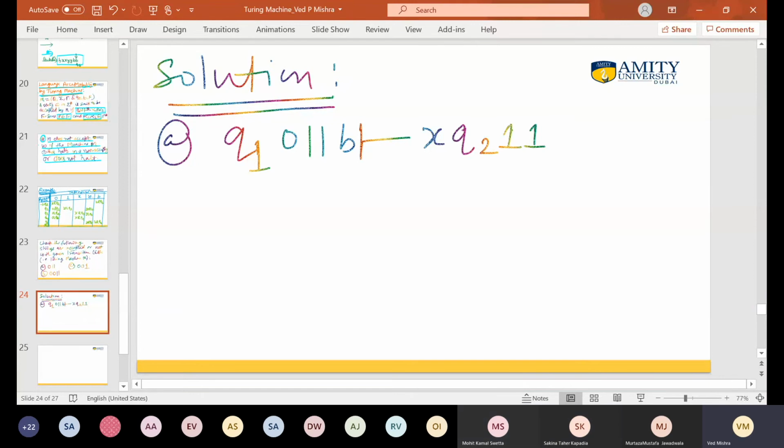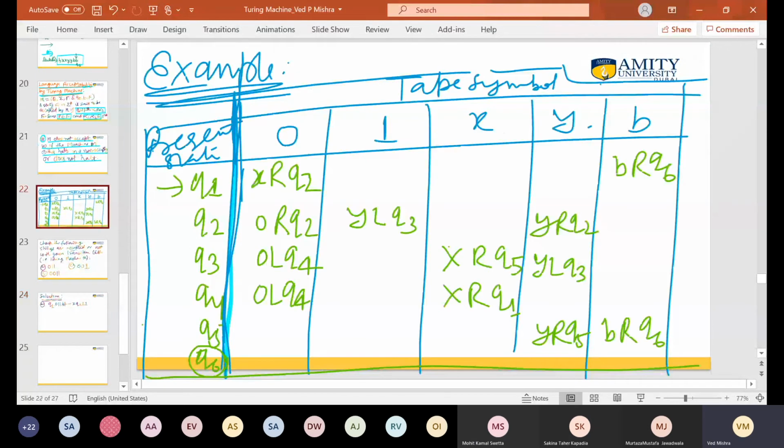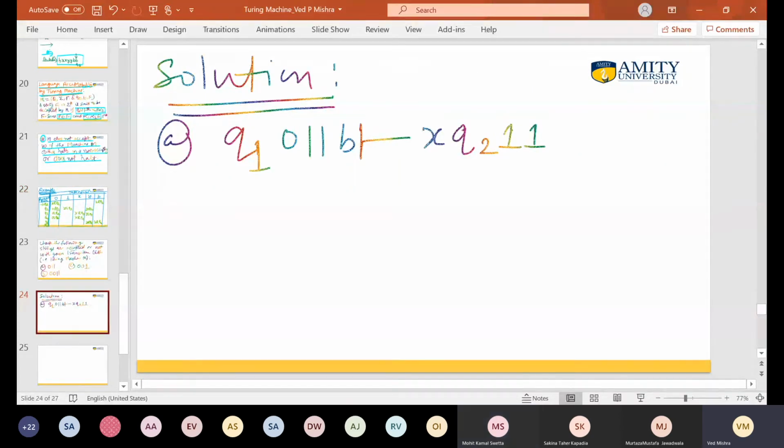Now Q2 with 1: 1 becomes Y, moving left, and we get Q3.